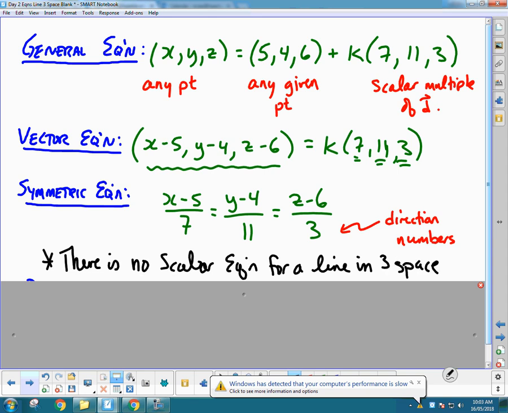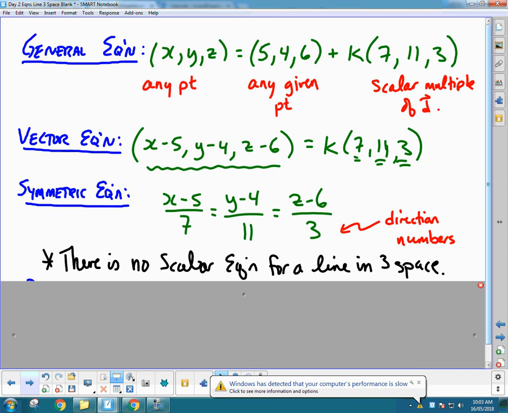We can't cross multiply here because we've got three things here, so it doesn't make sense. I'm going to stress that there's no scalar equation for a line. You actually will see next unit where that comes into play. But for right now, the scalar equation, or the standard form, only works in 2 space like it did in grade 9. Doesn't work in 3 space.